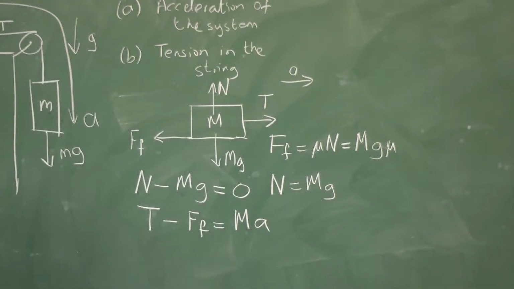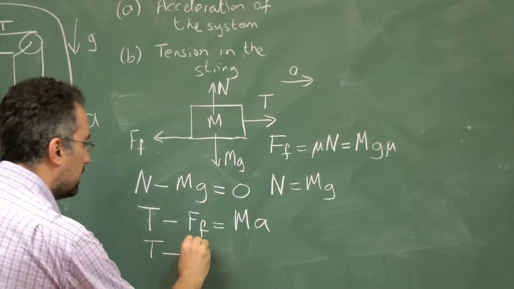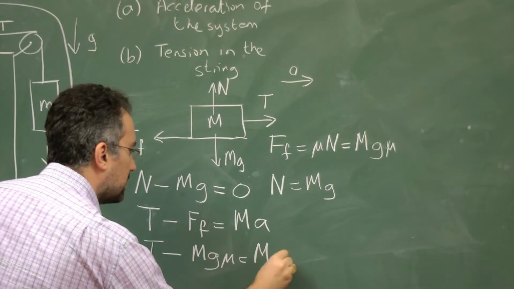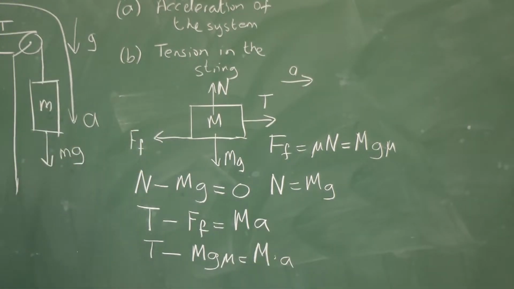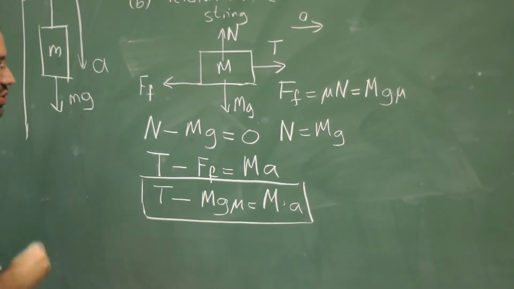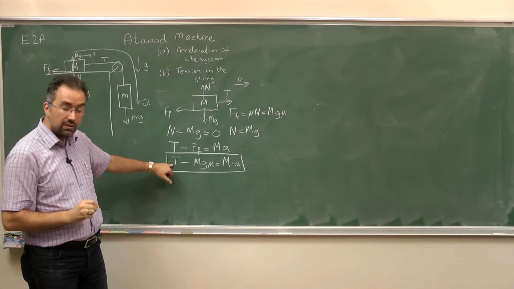So substituting here, I have T minus mg mu equals mass times acceleration. So this is one equation I get to solve for A and T.